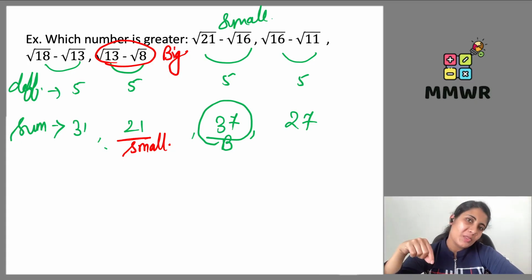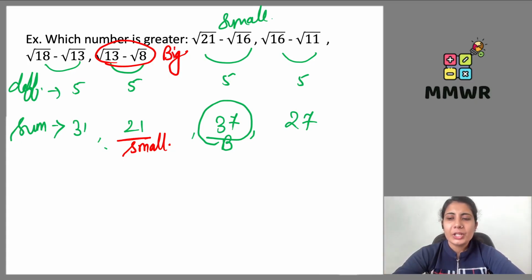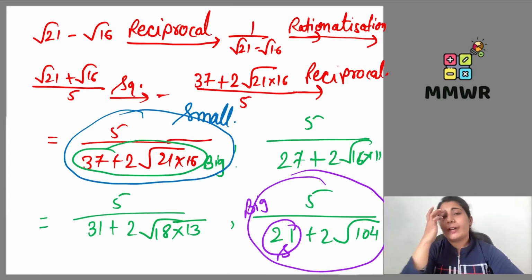So the fraction whose denominator is the biggest becomes the smallest. Okay, so this way we simplified all these comparison problems.